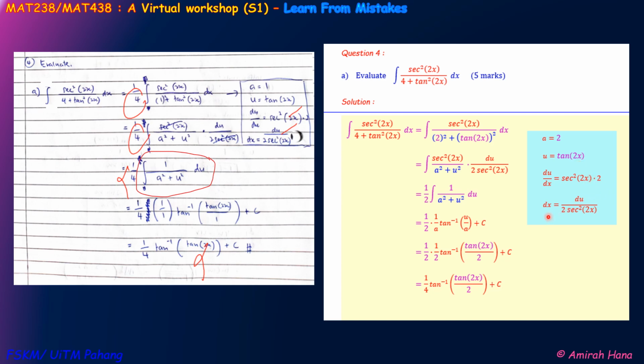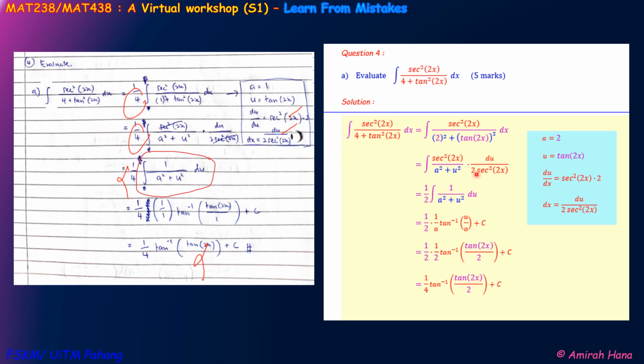And then write dx as a subject, cross multiply, so jadilah du over 2 ni pindah ke depan, so 2 sec squared 2x. Okay, lepas tu ganti semula kat dalam sini. Okay, 2 kita adalah a, tangent 2x adalah u, dx kita adalah du over 2 sec squared 2x.